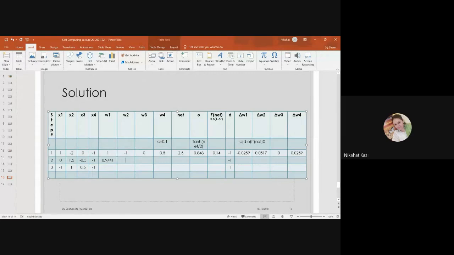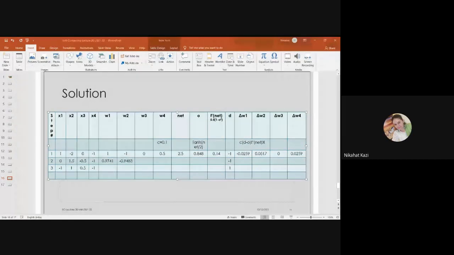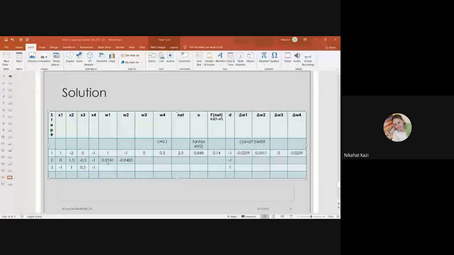This one will be negative 0.9483. This will be 0 and this will be 0.5259.